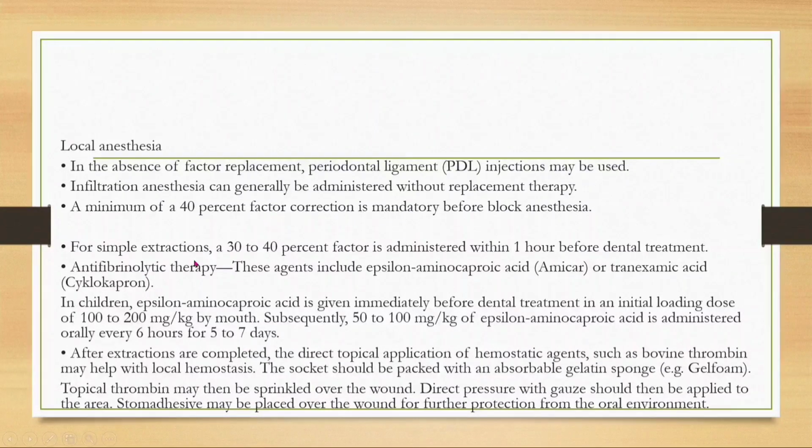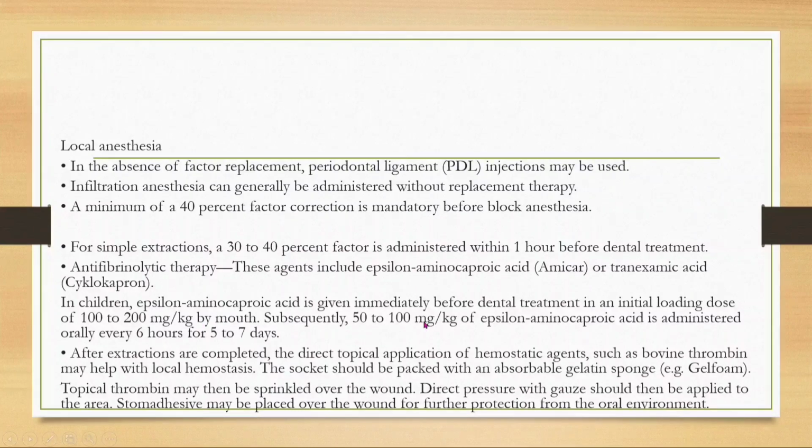For simple extraction, 30 to 40% factor is administered within 1 hour before dental treatment. Anti-fibrinolytic therapy should be given; these agents include epsilon aminocaproic acid or tranexamic acid. In children, epsilon aminocaproic acid is given immediately before the dental treatment in an initial loading dose of 100 to 200 milligram by mouth.